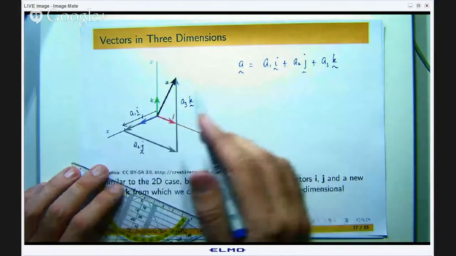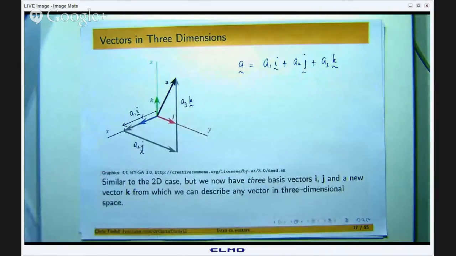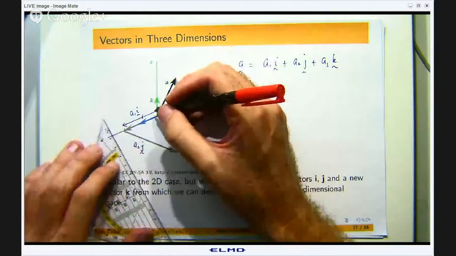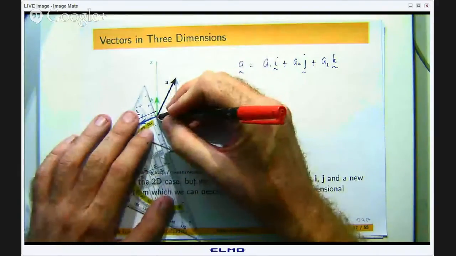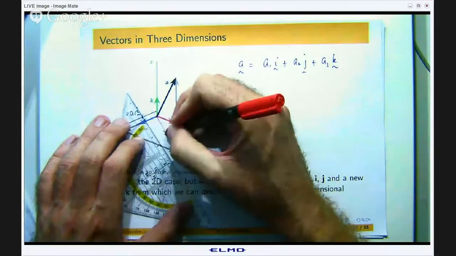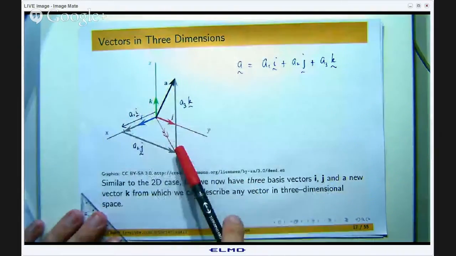So you add those up using the triangle law for addition. What do you get? Well, the first thing you would get when you add A1 i plus A2 j is this vector here. And then you've got another triangle law.